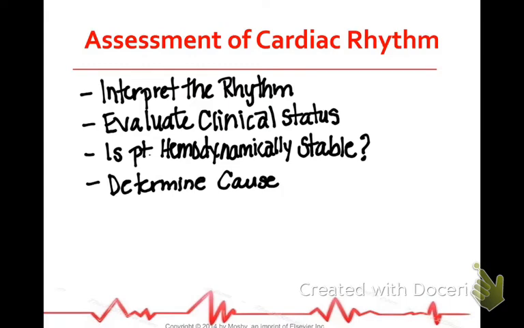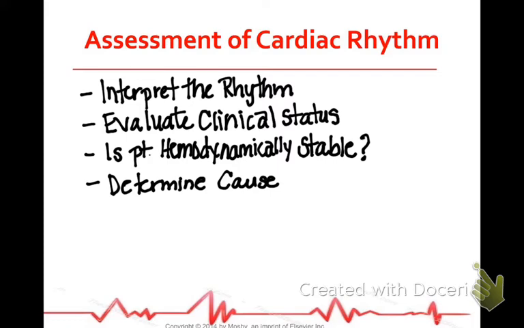Whenever you see a fast heart rate, say sinus tachycardia, what are you going to do? You're going to determine the cause. Why do they have sinus tachycardia? Do they have fever? Are they in pain? Someone that has SVT, why is their heart going 180?